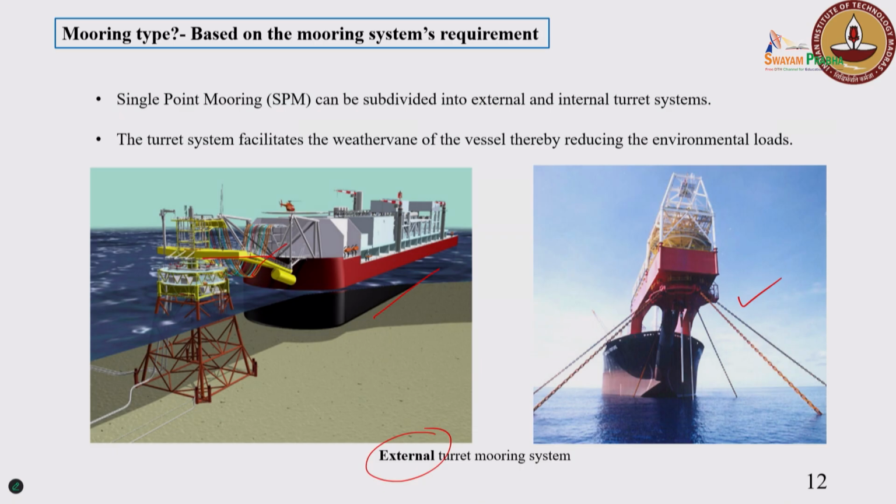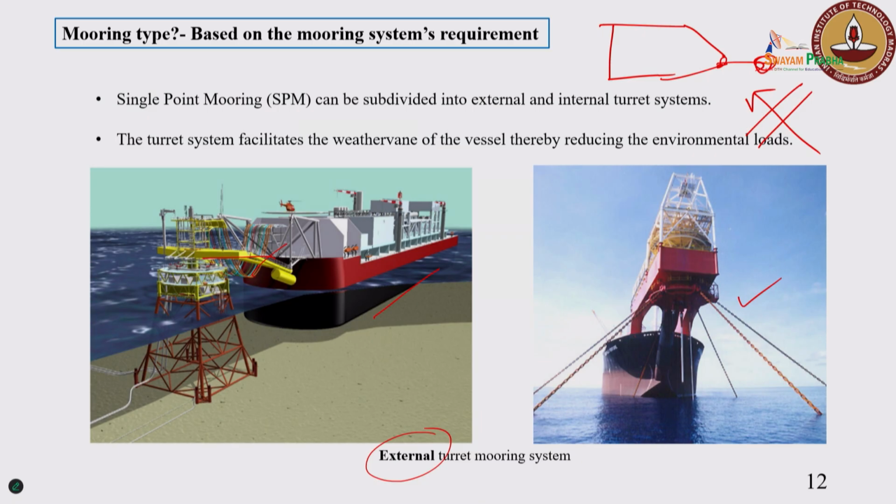So what is the advantage by going for a turret system? Basically it will help you for weather vaning. When we say weather vaning, you have a floater, right, and assuming that your connections are made here, and now the direction of wind and wave comes in this direction. What will happen?